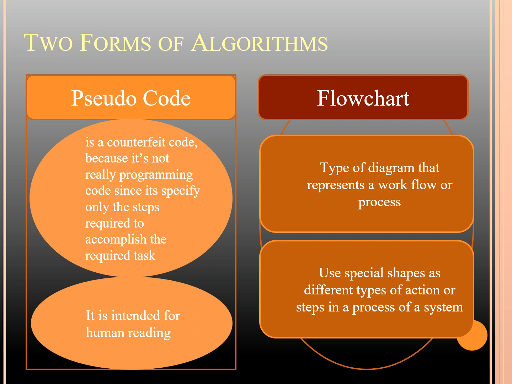It is intended for human reading, while the second form, the flowchart, is a type of diagram that represents a workflow or process. It also uses special shapes for different types of action or step in the process of a system.